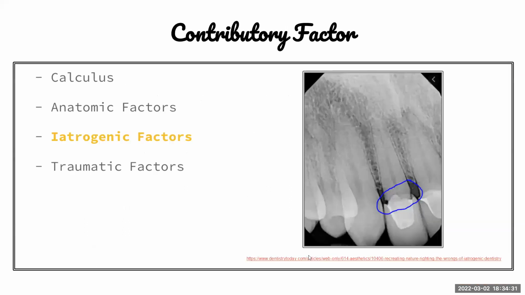Then we have iatrogenic factors. Those are caused by the dentist or by us, the dental hygienist. So let's take a look at this. This is a canine, right? A canine exposure. So let's take a look at this exposure. And you've got some horizontal overlapping here and a little bit here, which is fine.